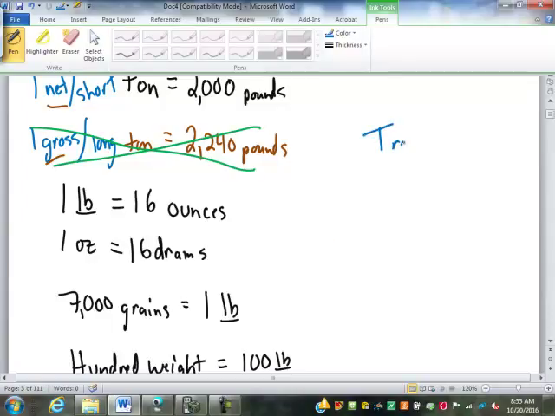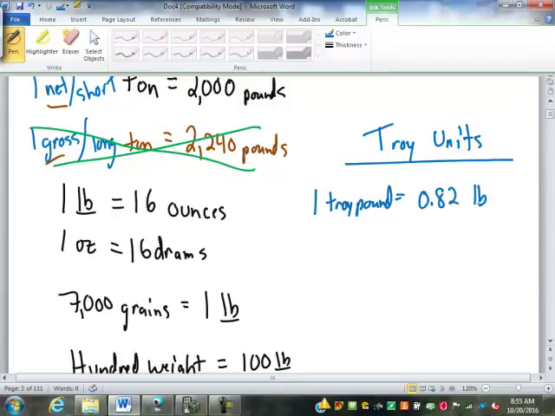In troy measure, 1 troy pound is about 0.82 to 0.83 regular pounds. So a troy pound is actually smaller than a regular pound. However, 1 troy pound contains only 12 troy ounces. So a troy ounce is actually a little bit bigger than our standard ounce.